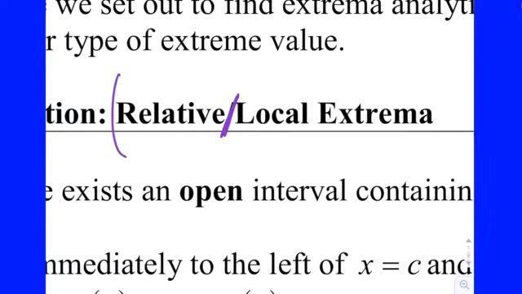But are they in parentheses? No. So that means that they are not optional. Meaning if you want to refer to these types of max-mins, you need to say either relative max-min or local max-min. Because if you don't say relative or local, everybody's going to assume you're talking about what kind? Global.